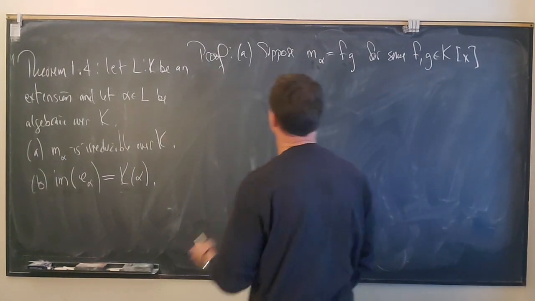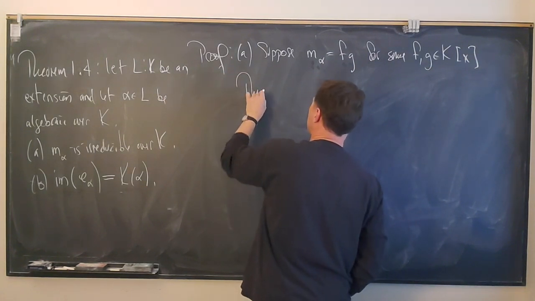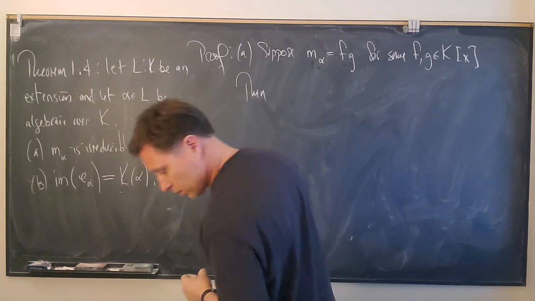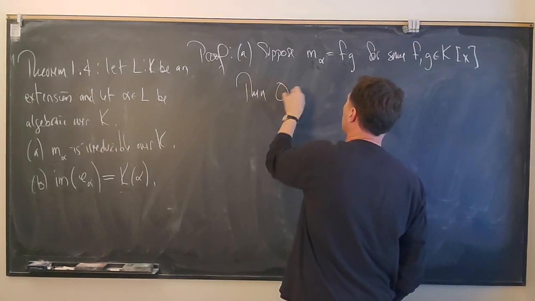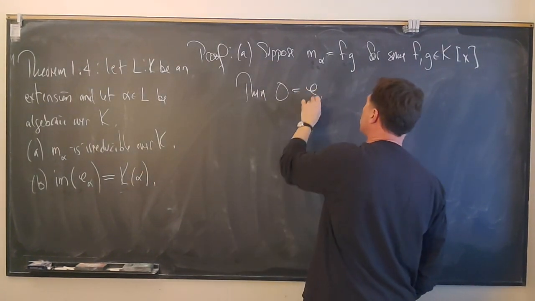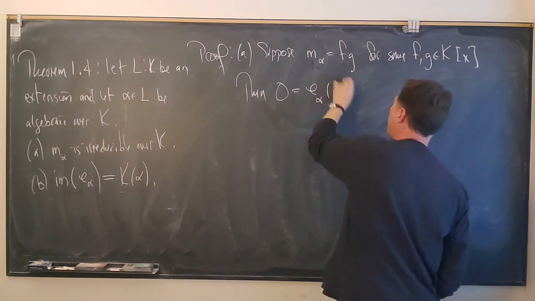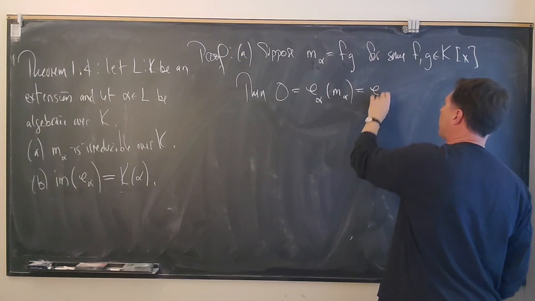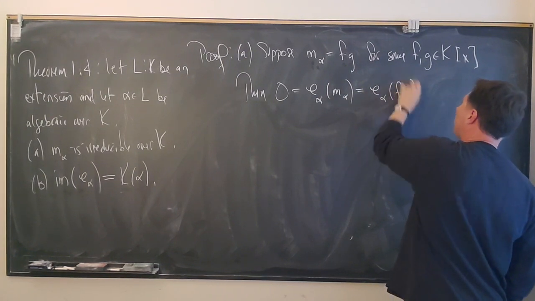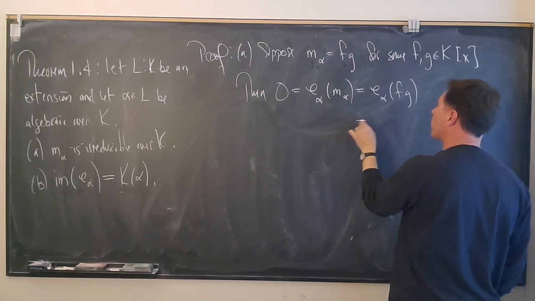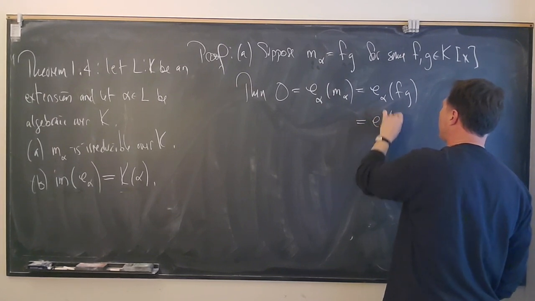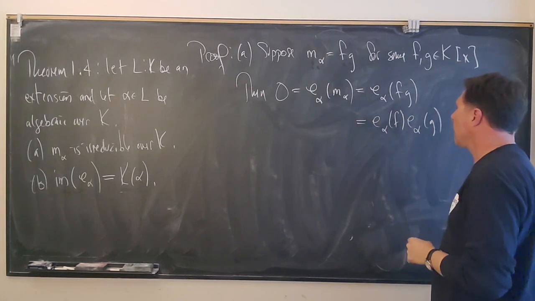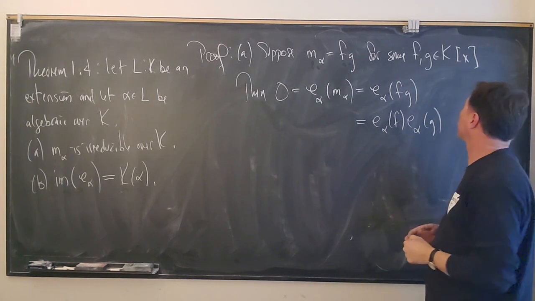Now, what does that mean? It means that 0 is equal to E sub alpha of m sub alpha, which is equal to, so I'm going to apply E sub alpha to this product, and because E sub alpha is a homomorphism, we get E sub alpha of f times E sub alpha of g. And so now in a field, where is this happening?